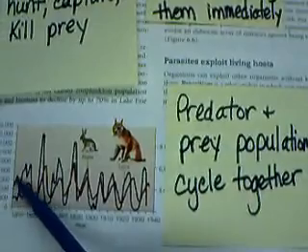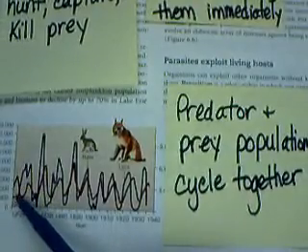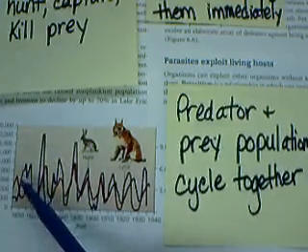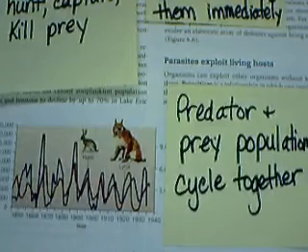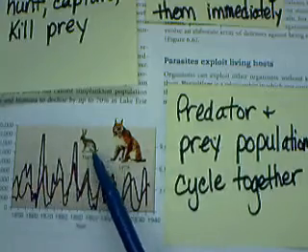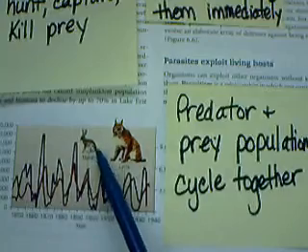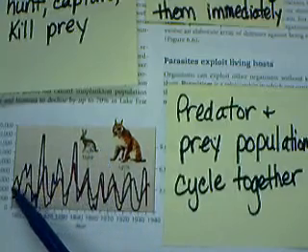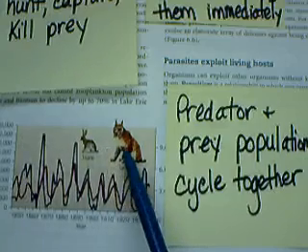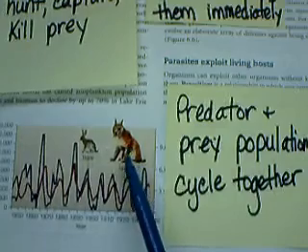A parasite wants to live and feed off of another species for a long time before it kills it. For example, a tapeworm in your body is a parasite. It might kill you eventually through malnutrition, but it will take several weeks, several months to do that. Whereas a predator will hunt, kill, and eat immediately.